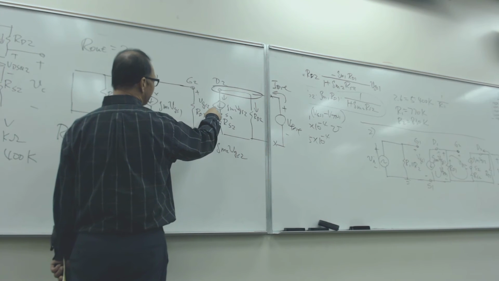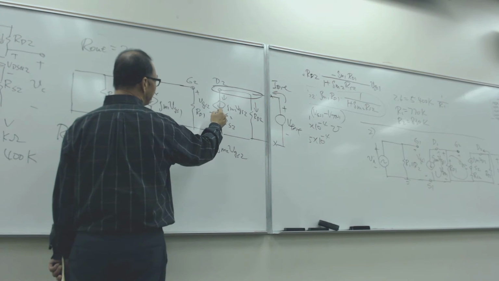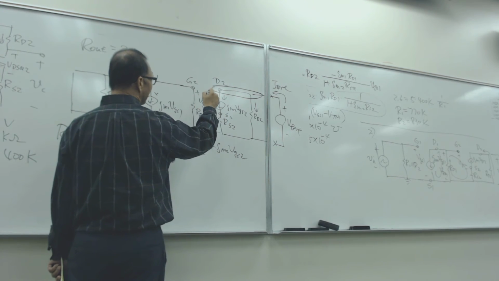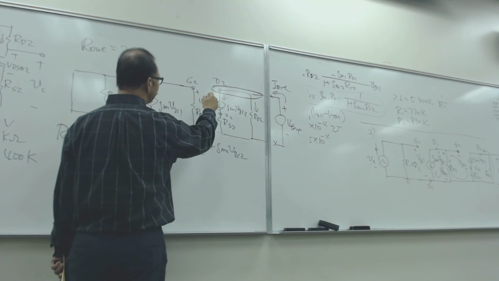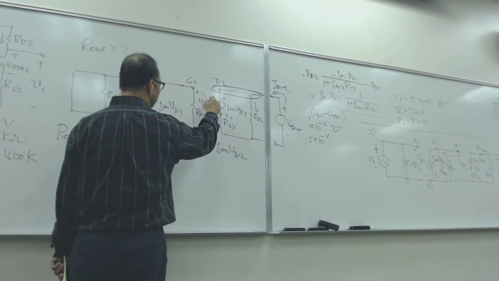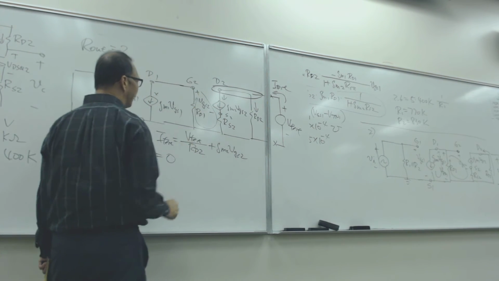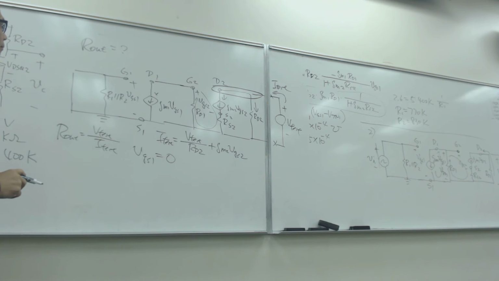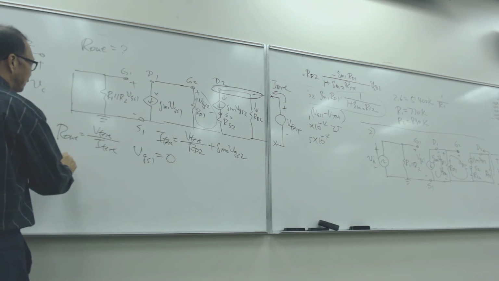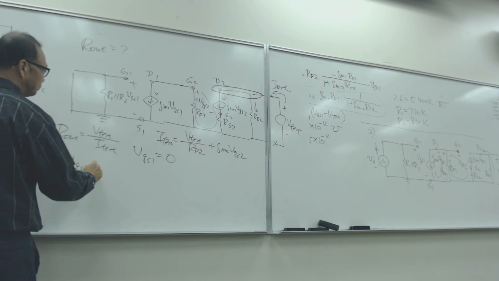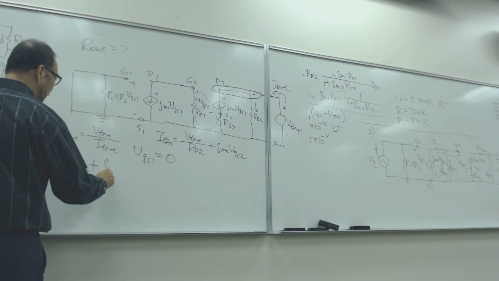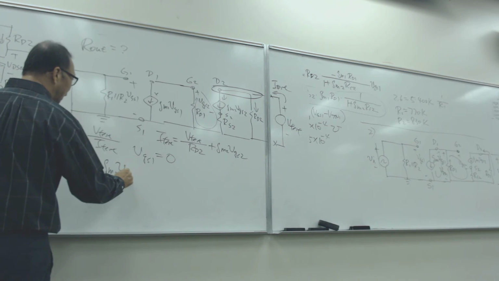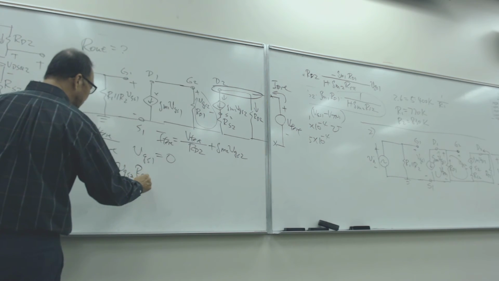So what does that mean? So if you go around the loop like this, right? How did I go around the loop? VG2 like this, right? So VGS2 plus GM2 VGS2 RS2, correct?